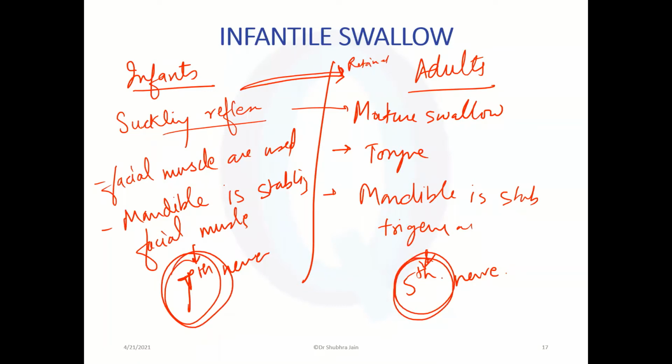First of all, you need to identify it. What does stabilized mean? Stabilized means, when you swallow, go in the mirror. I'll show you what is meant by infantile swallow. I'll show you what a normal swallow is and what an infantile swallow is.